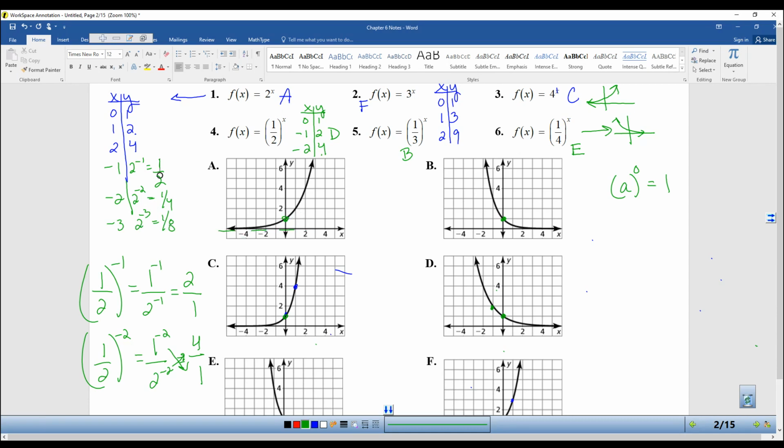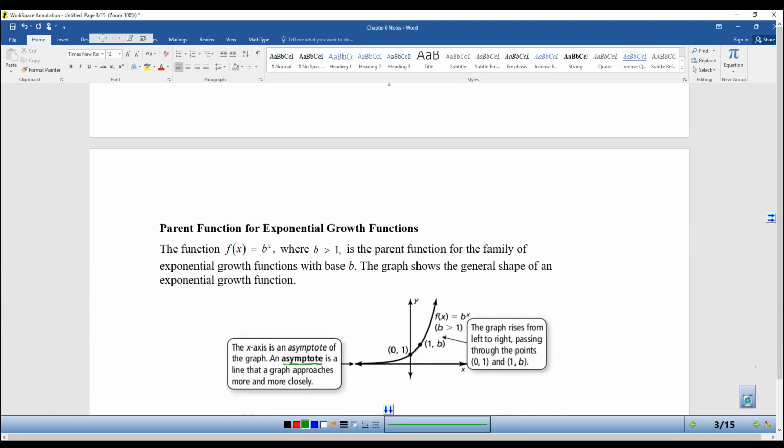But even if I do -10, it's never actually going to reach 0. It's going to get smaller and smaller, but it'll never be negative. It'll just get really, really small. And that's what an asymptote does. It guides the viewer to see that the graph gets really close to something without actually touching it. And we call that an asymptote.